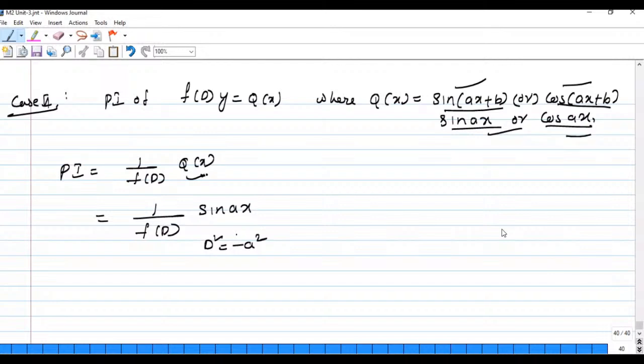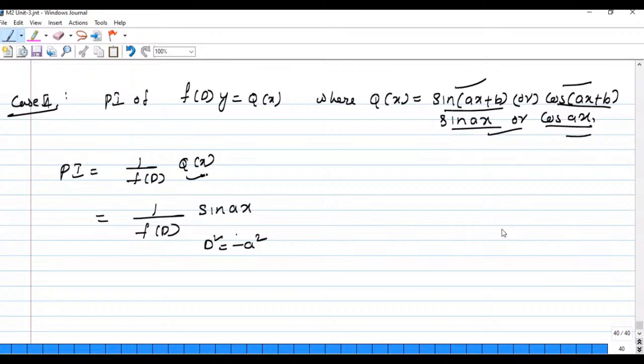Suppose f of minus a square is equal to 0, then how can I write PI? x by, differentiate the denominator with respect to D and then put D square equal to minus a square. This is if f dash of minus a square is not equal to 0.